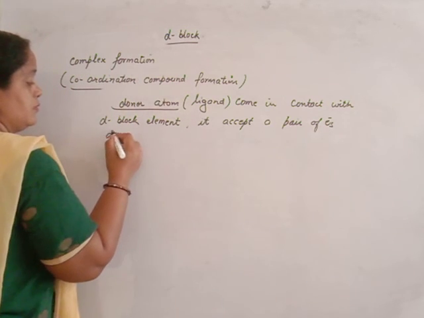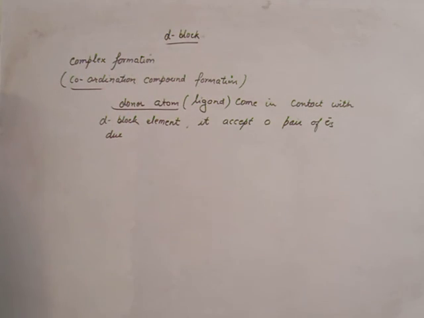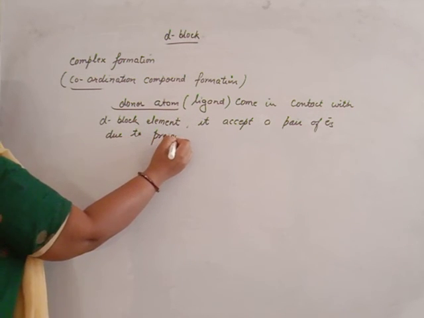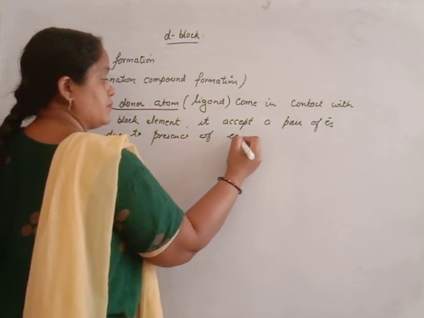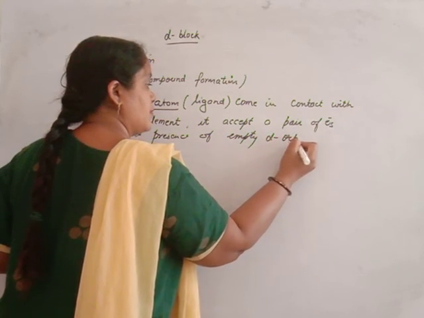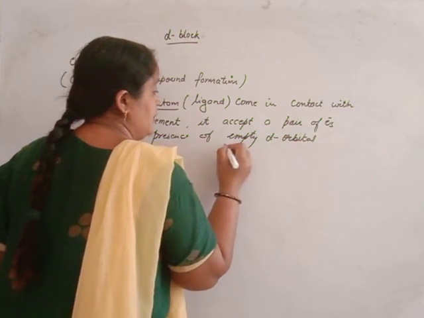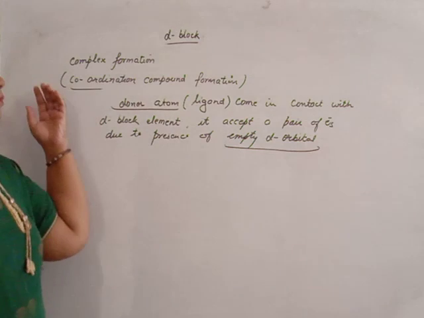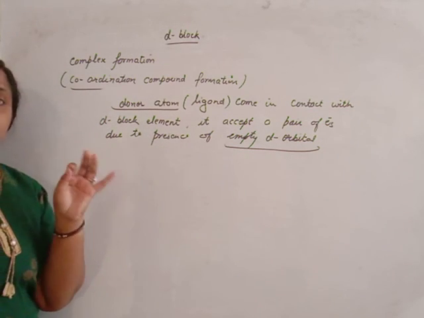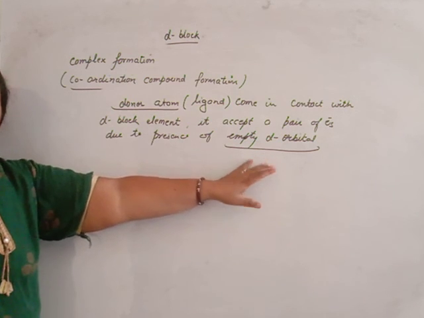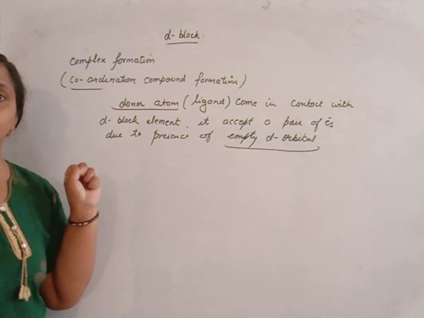Why do they accept the electrons? They accept the electrons due to presence of empty d orbital. If empty d orbital is not present, they do not accept the electrons. But most of the elements except zinc, cadmium and mercury all have empty d orbitals, all have tendency to accept the electrons.